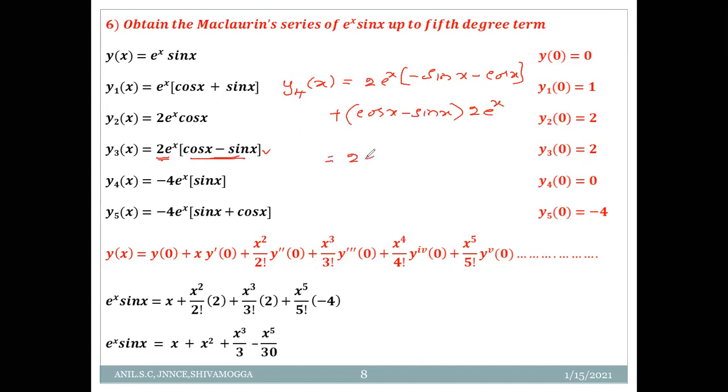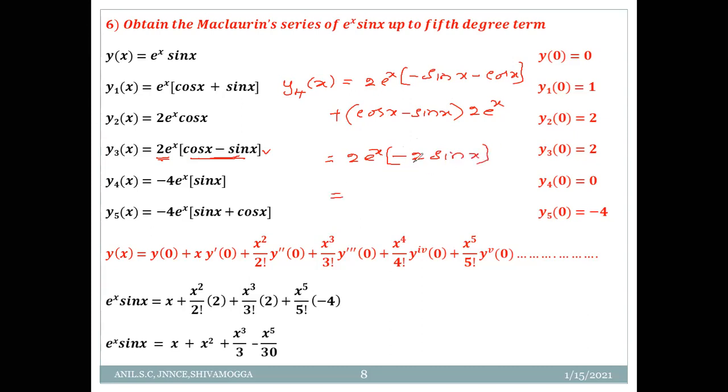Here 2 into e power x is common in both the terms, keep it outside. Then what you get within the brackets is minus sin x minus cos x plus cos x minus sin x. This minus cos x will get cancelled with this plus cos x. Minus sin x minus sin x is minus 2 sin x.